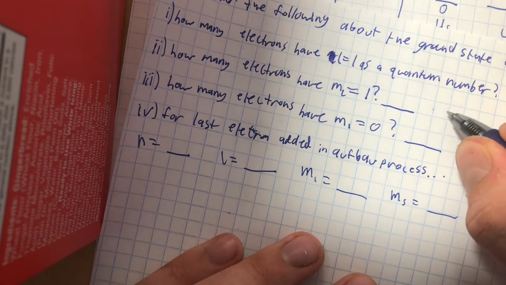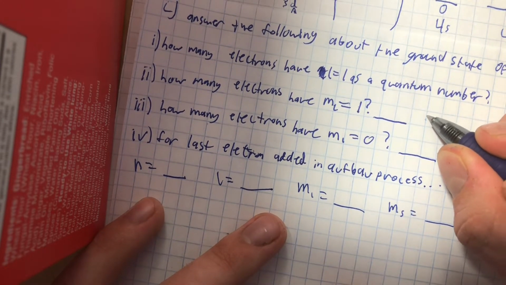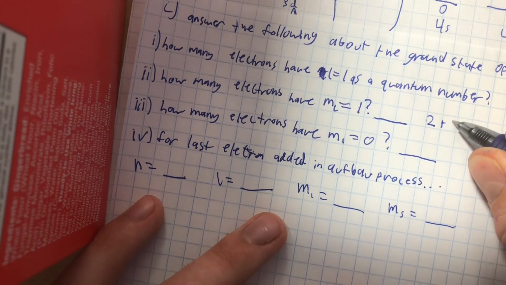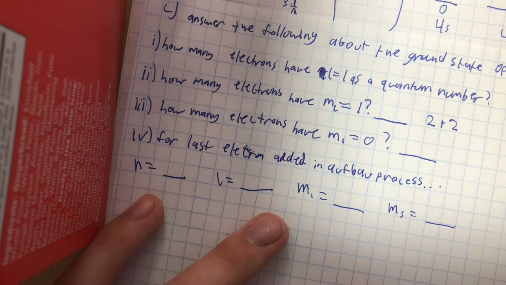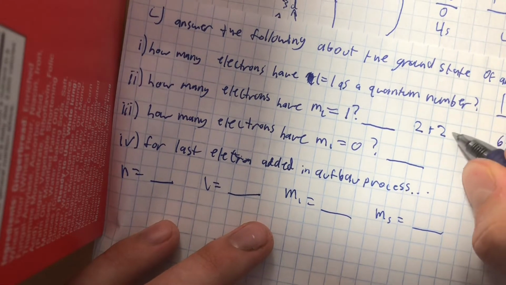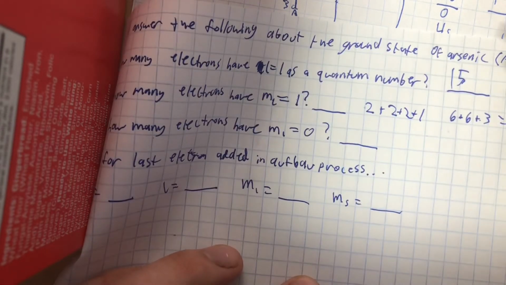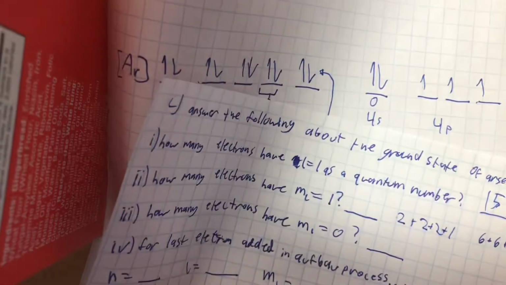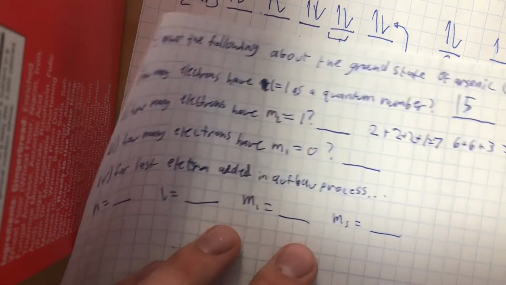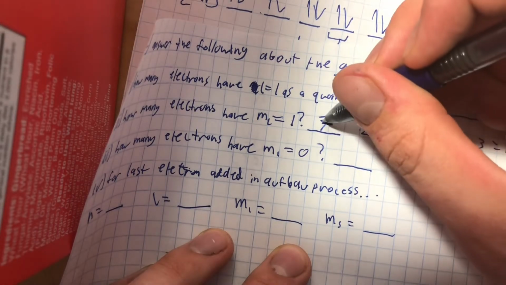So how many can have the ml of 1 in the 3d is 2, plus 2 for the 2p, plus 2 for the 3p, then just plus 1 for the 4p, because remember, it's only half full. So that equals 7, so that is our answer, 7.